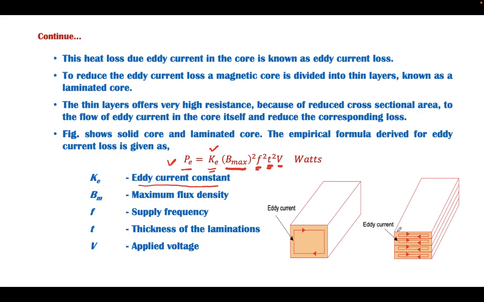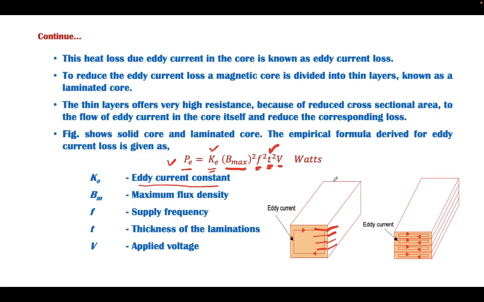If the core is a single solid structure, then the thickness will be more, and hence instead of using a single solid core, we divide the core into a number of layers, and these are known as laminations. And hence we say the core of the transformer is a laminated core.